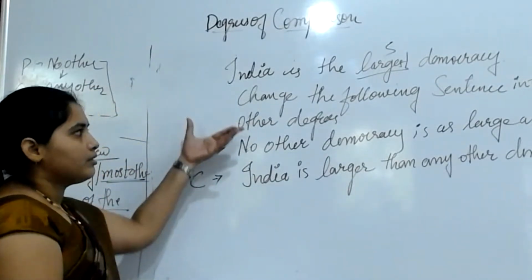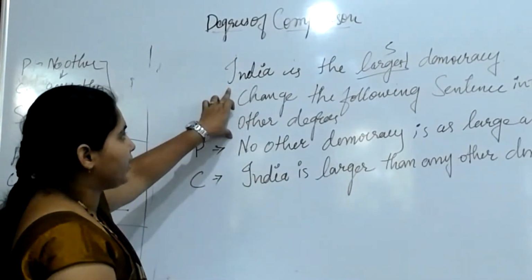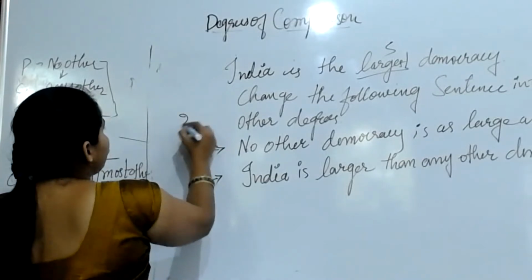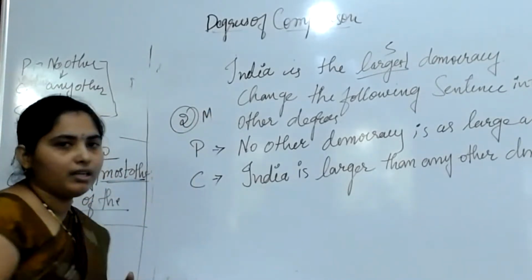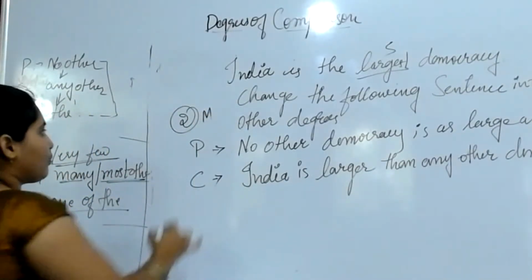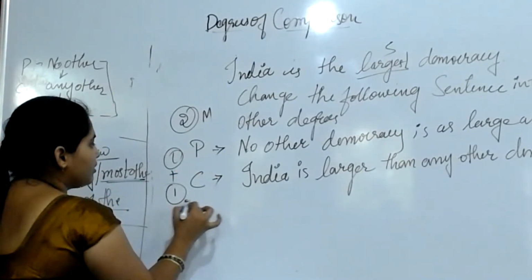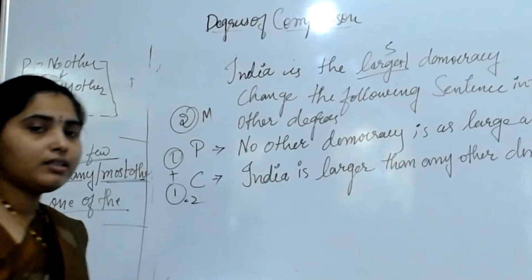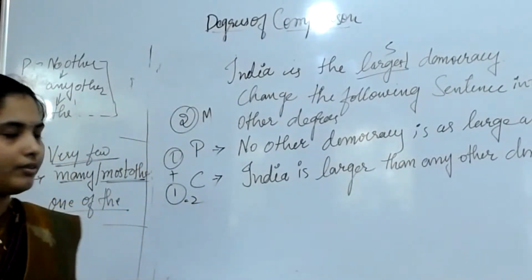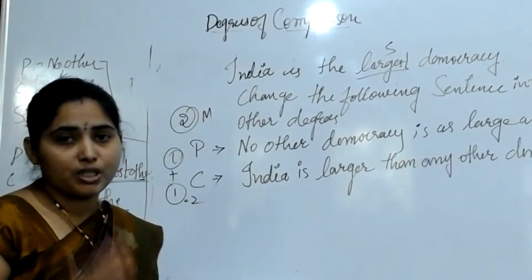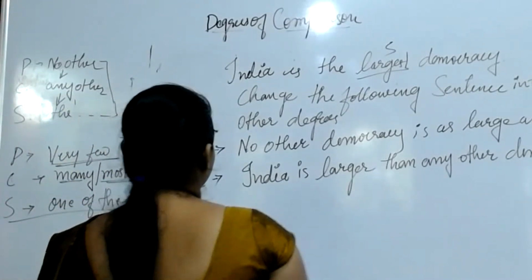So this is how the degrees will change. This is how they will ask in the examination, which carries 2 marks, 1 plus 1, in the do as directed, right? So in MCQs, how will they ask in the MCQs?